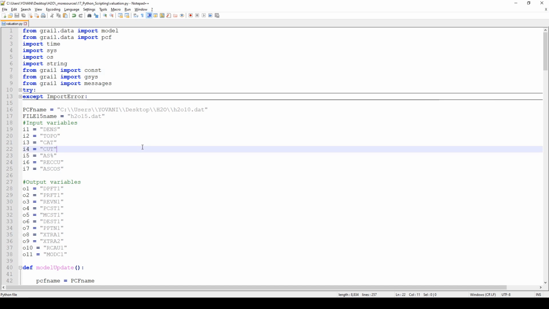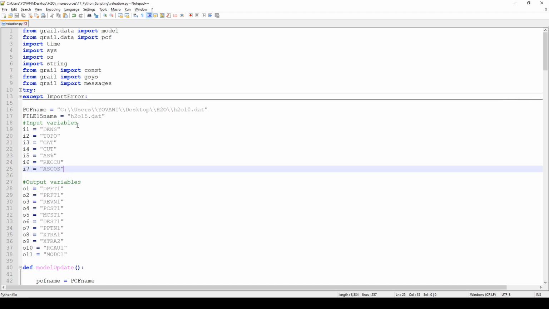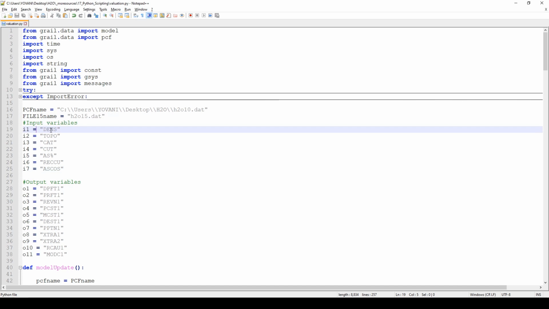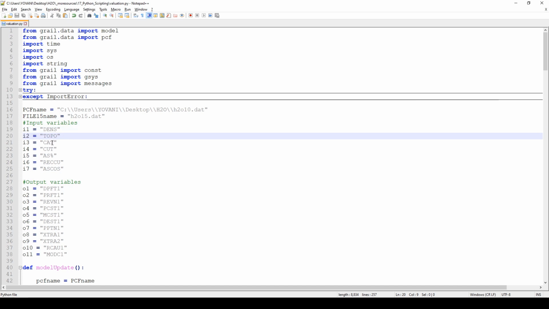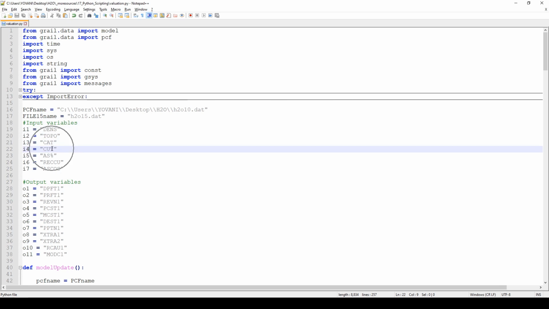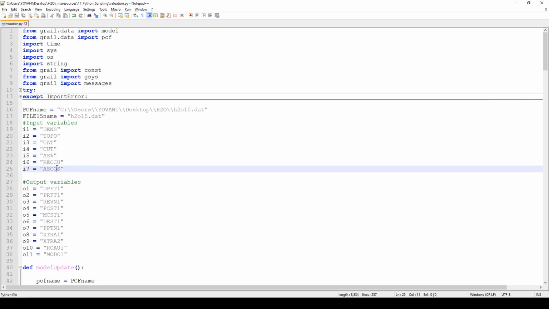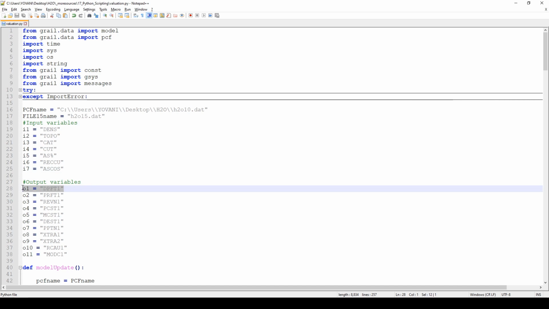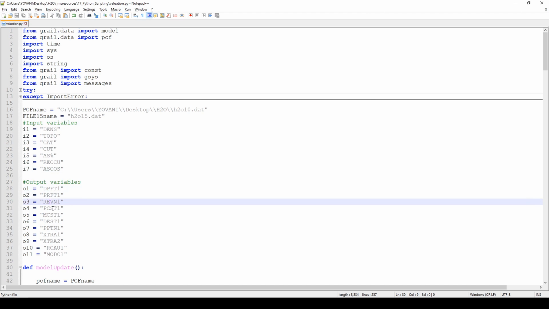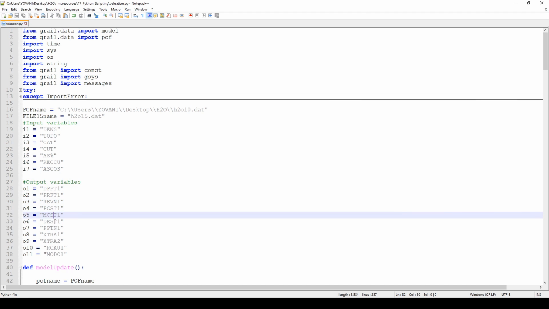Here we are dealing with the block model and the project control files. Here we have some input variables: density, topography, category, copper, arsenic, copper recovery, and the extra processing cost for arsenic. Then the output variables: discounted profit, revenue, processing cost, mining cost, destination, profit per ton, and some extra ones.